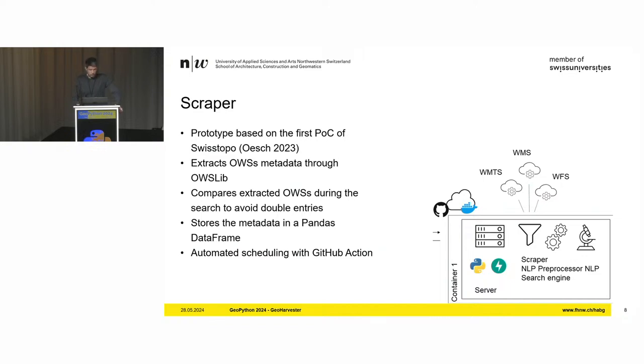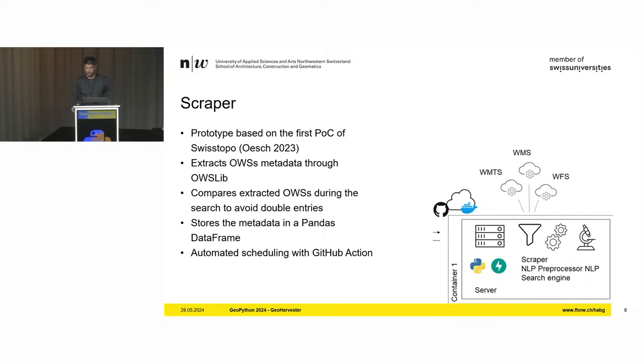The scraper also compares, during the process, the already extracted OGC web services with the actual ones, so it avoids double entries, and it also stores the data in a pandas data frame.